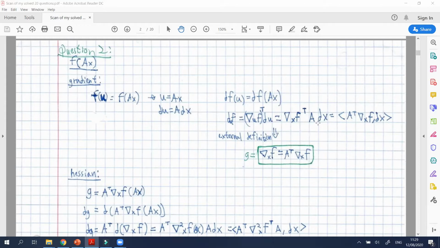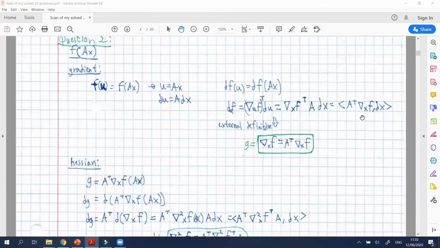So in fact, the differential would be with respect to dx at this point, after this transition, and the gradient is now with respect to x. And we get the inner product by definition of A transpose gradient x of f and dx. So by definition, obviously the external definition we already know.